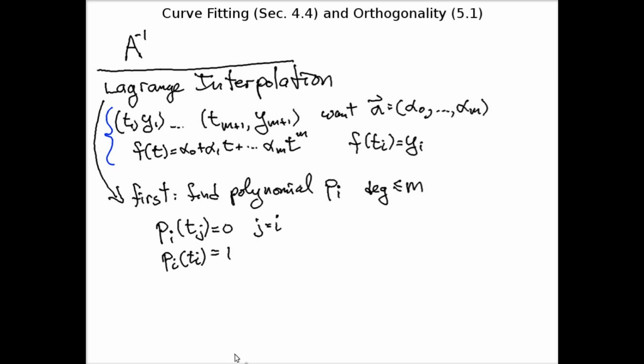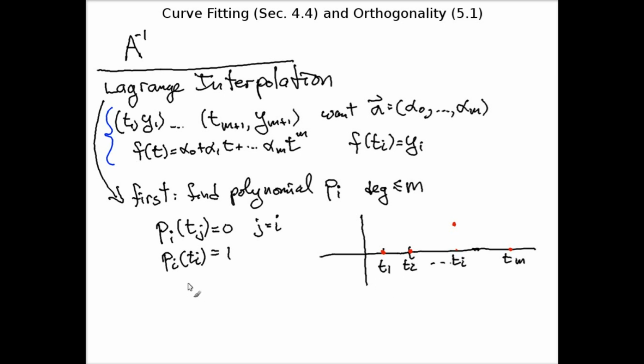So this is actually a special case of interpolation, where you're given the points t1, t2, ti up to tm, and the polynomial that you're trying to find is 0 at every point, except you ask that it be 1 at just a single point. So that's a special case. And it's actually fairly easy to find such a polynomial.